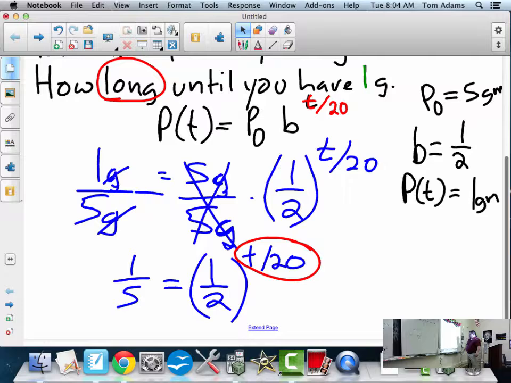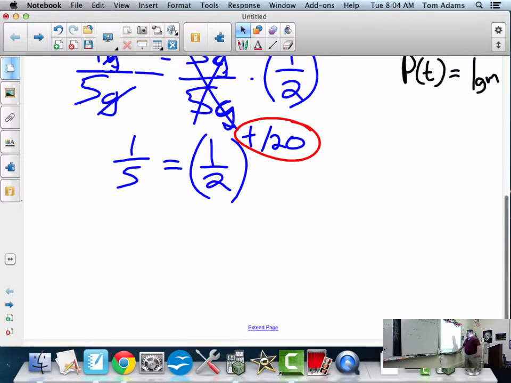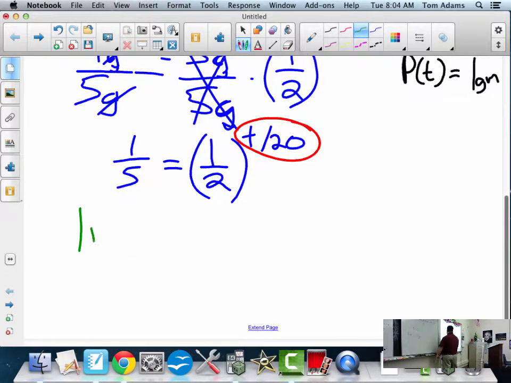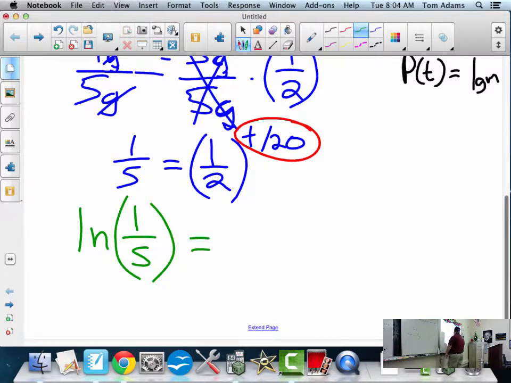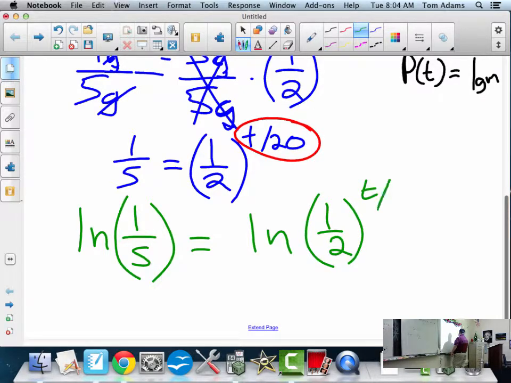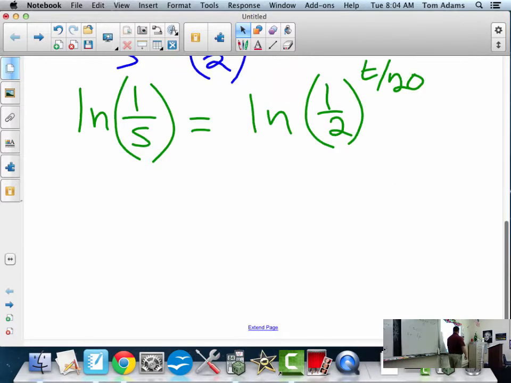So what I'm going to do is take the natural log of both sides. So I'm going to say the natural log of 1/5, and then over here the natural log of 1/2 raised to the t over 20. Right? Just like everything else we've learned in algebra, whatever you do to one side, you have to do to the other side.